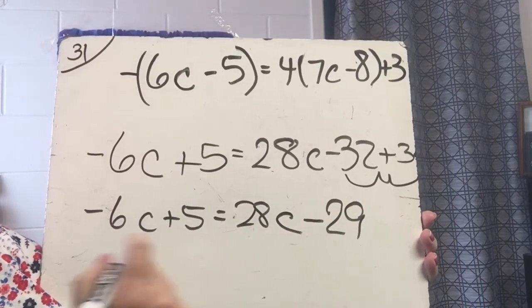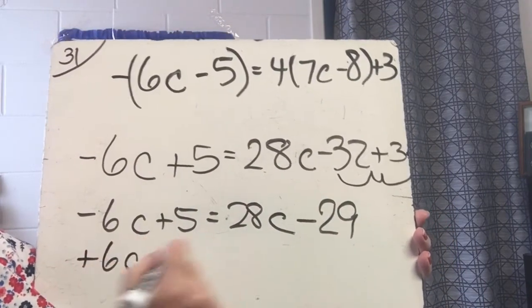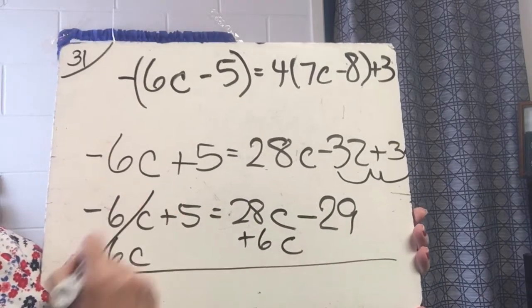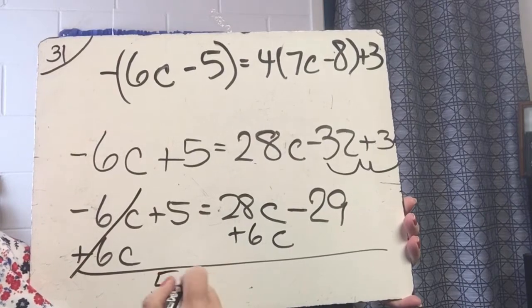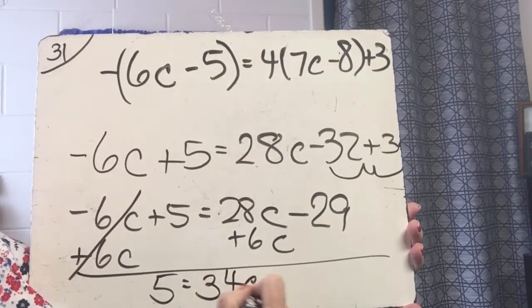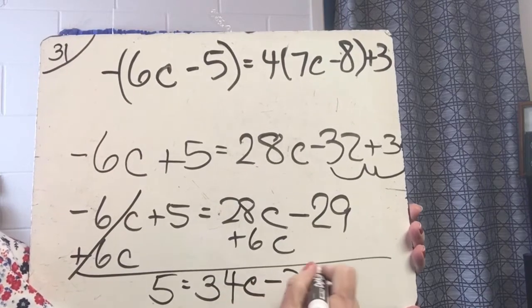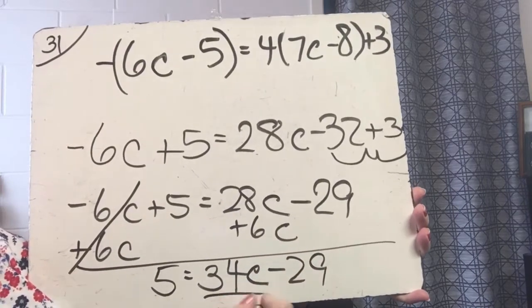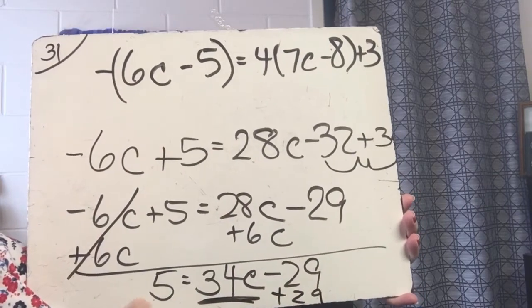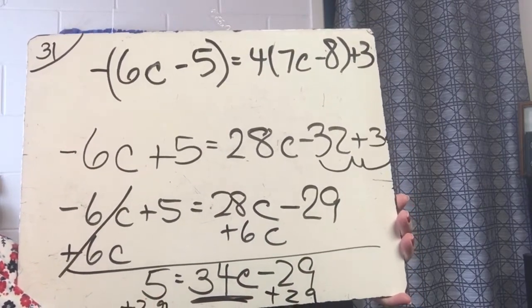Since we have a 28 positive over here, let's just add a 6c to both sides. That cancels. We get 5 equals 34c minus 29. So now we want this all by itself. So let's add a 29 to that side and add a 29 to that side.